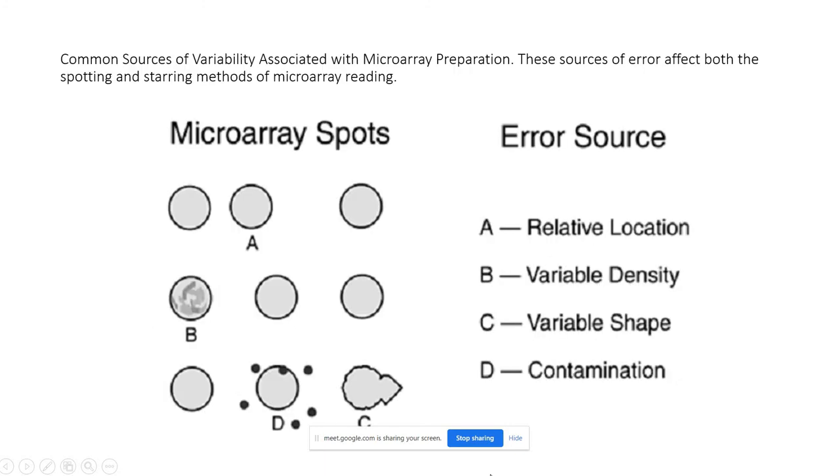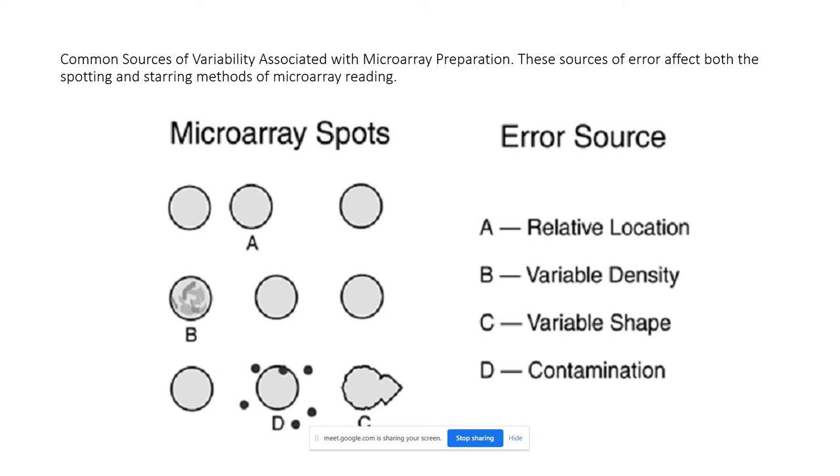Okay, what is another source of error? A common source of variability is associated with microarray preparation. These sources of error affect both the spotting and scanning methods of microarray reading. What happens if the microarray spots are defective?